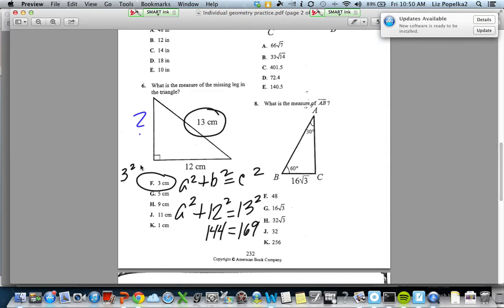So F is not the correct answer. If I put 5 to the second power in my calculator, that gives me 25. And look, 25 plus 144 is 169. So we know for sure G is our correct answer.